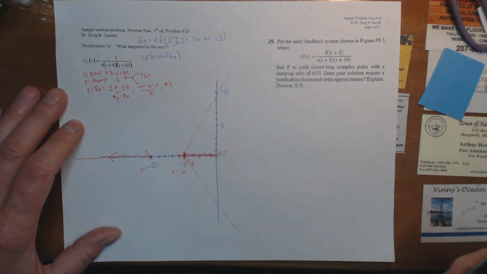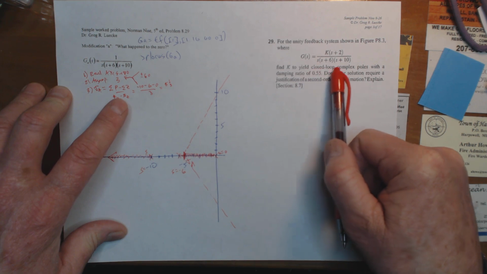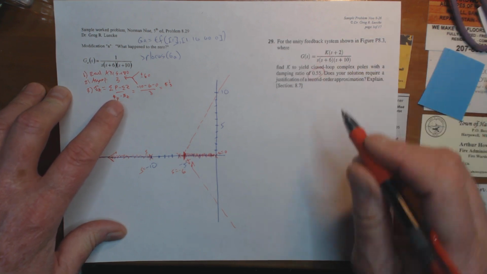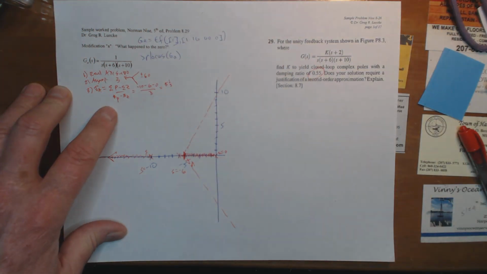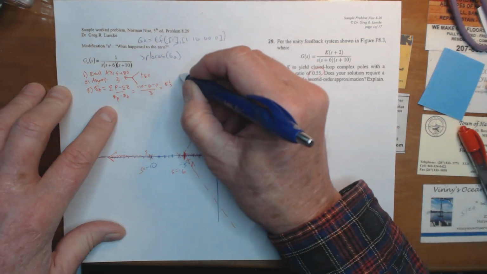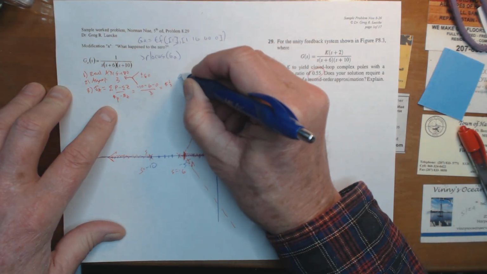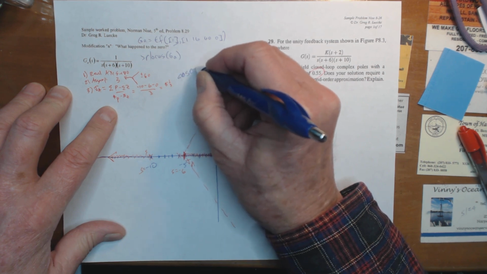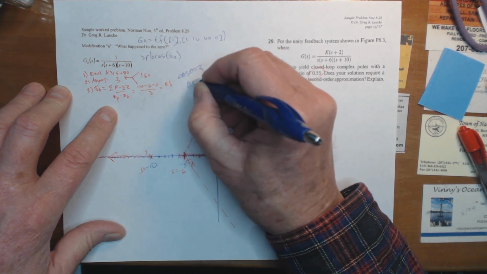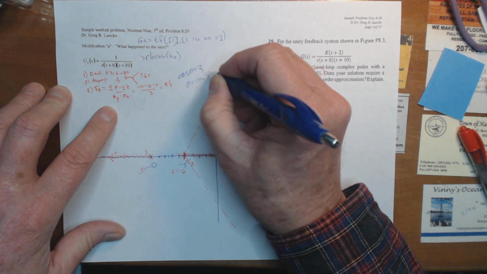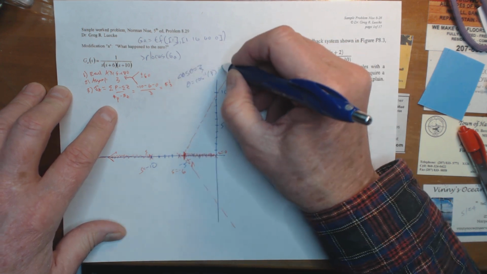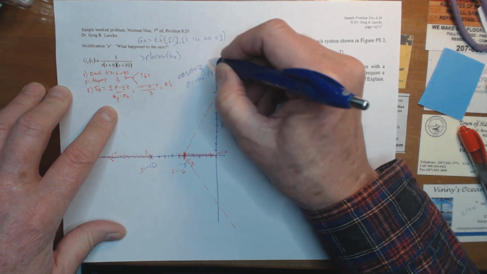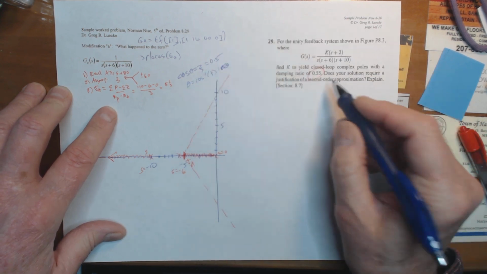Okay, the other thing is that it says 0.55 is what you want. For the damping ratio, cosine theta equals zeta, which means theta equals the arc cosine of zeta. I'll use zeta equals 0.5 instead of 0.55.